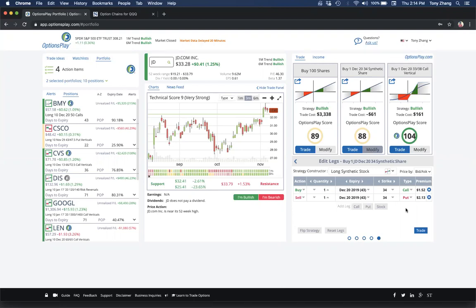I don't know why you would trade a synthetic stock when you can just trade the stock itself, because to sell that put, you're going to have to put up the cash that you need to sell that put, and you're trading 2 contracts, so you have to pay the bid-ask spread on the call and the put. I don't know why you would do that when you could just buy the stock for virtually no transaction cost. So I'm not a big fan of trading these synthetic stocks.